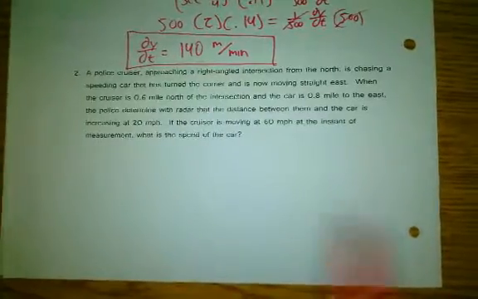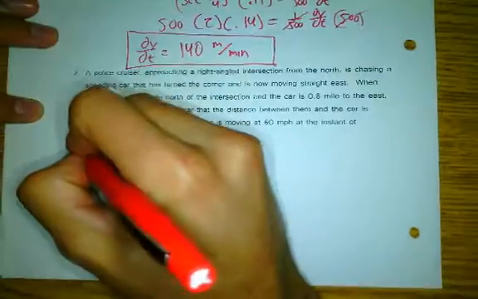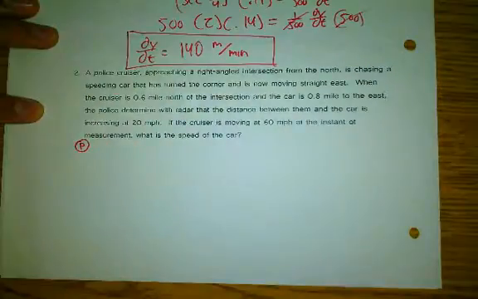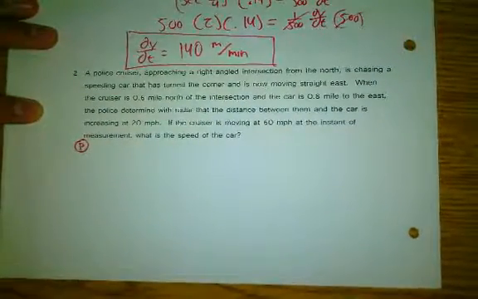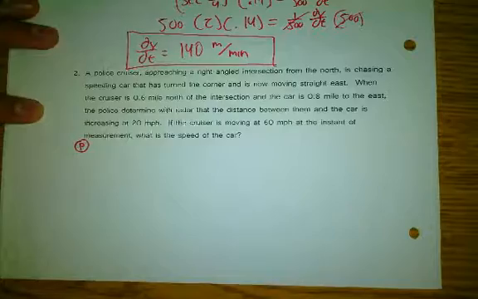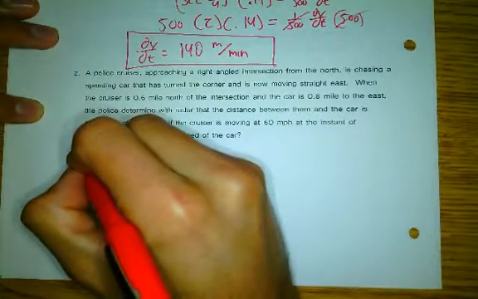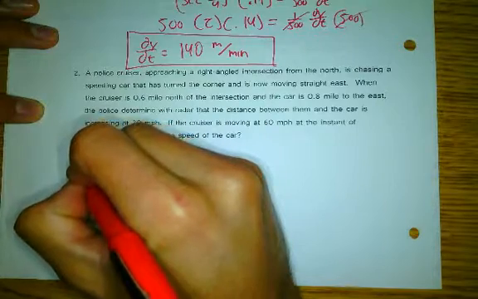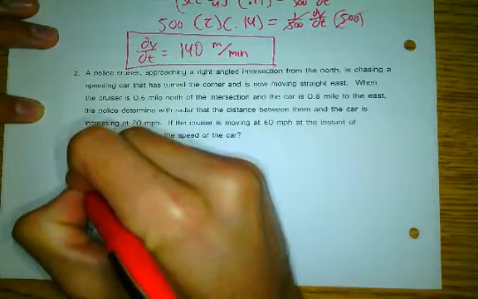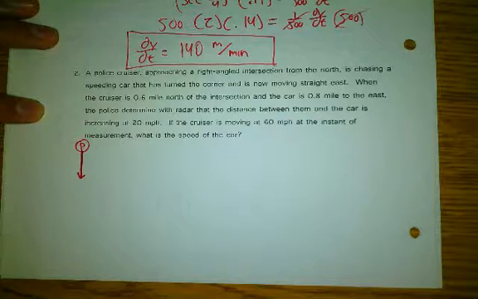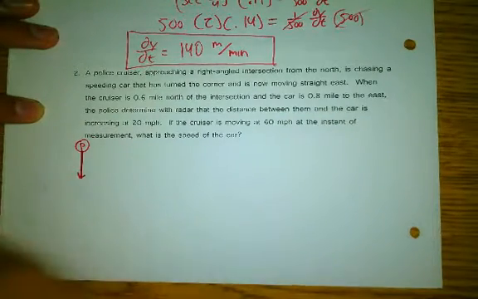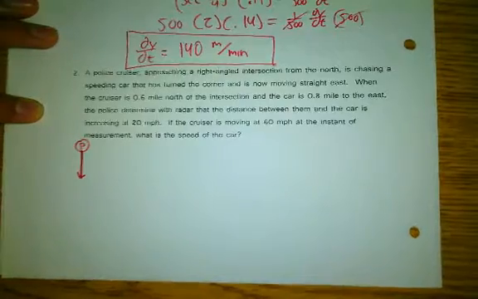Alright, first let's start with where the problem is. Here's my police car. It says it is approaching a right angle intersection from the north. So here's what I know. It is going from the north, so that means it's going towards the south. Agreed? It's going in that direction. And it is approaching a right angle intersection, so that means it's going to be perpendicular to this direction.